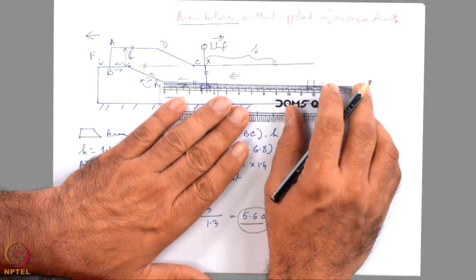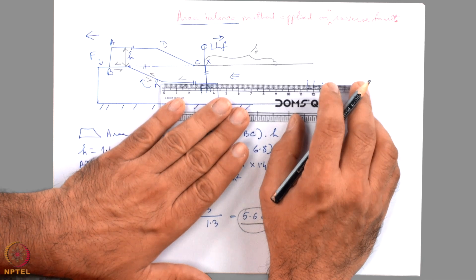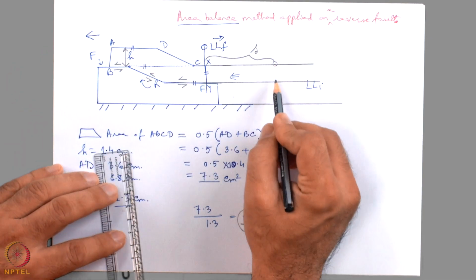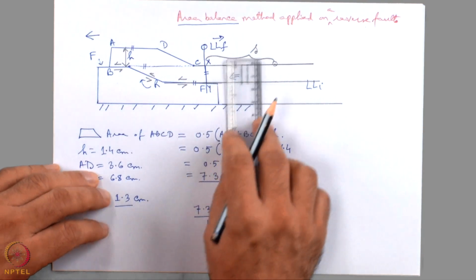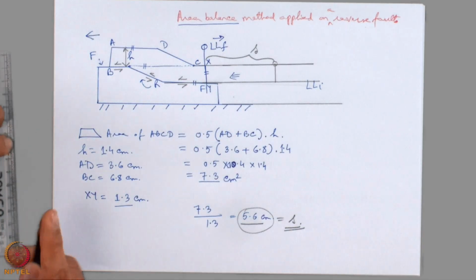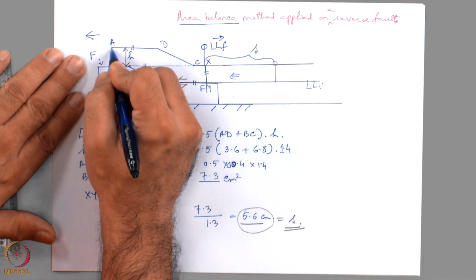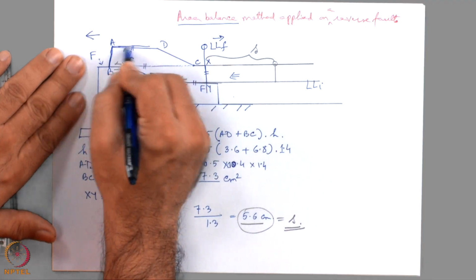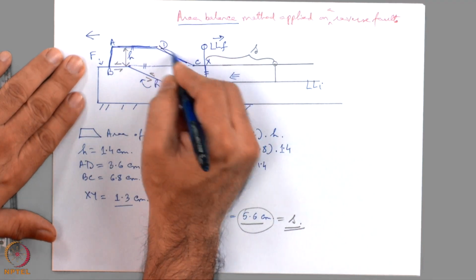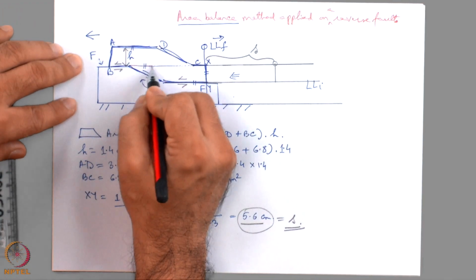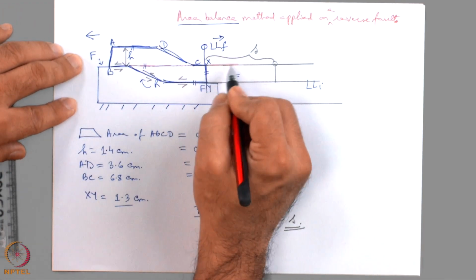I extend this flat and then I drop a normal from this point on this surface. Now, we can say that the faulted hanging wall block, which was of this shape and size, was actually of this geometry before the deformation started.